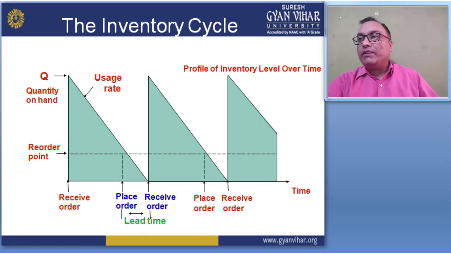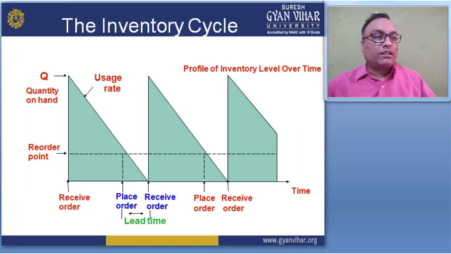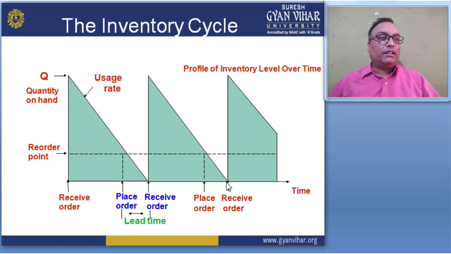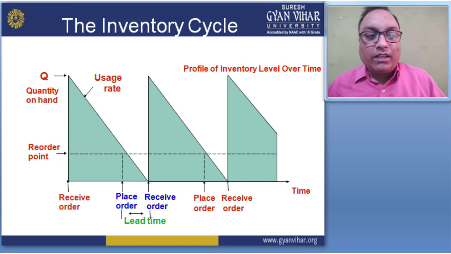The different orders, ordering times, and ordering costs are associated with it. This peak Q shows the quantity on hand, meaning this much amount of items is stored in your warehouse.